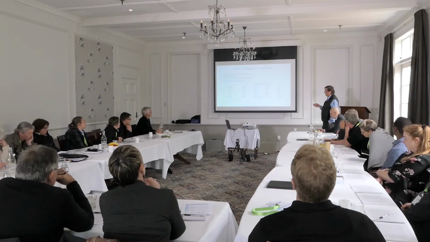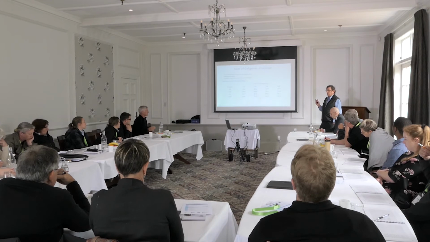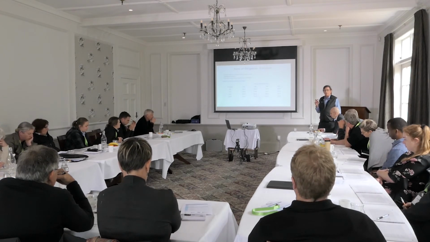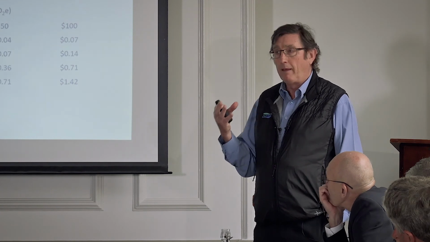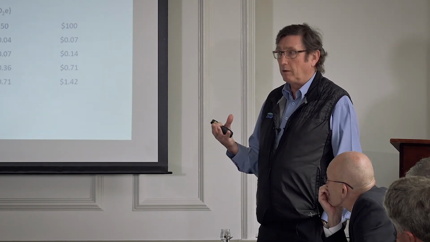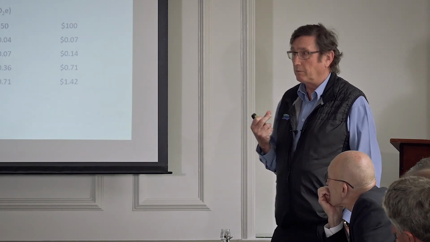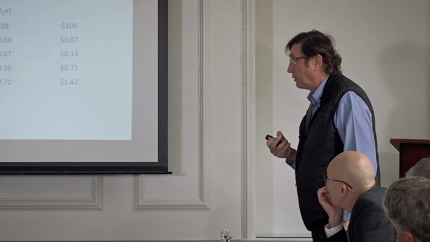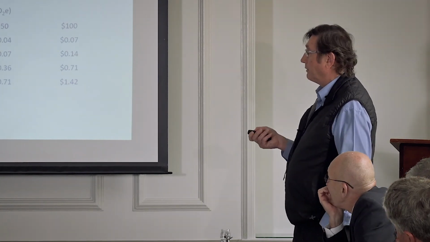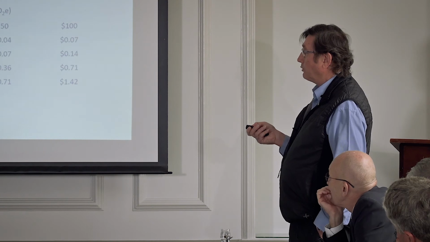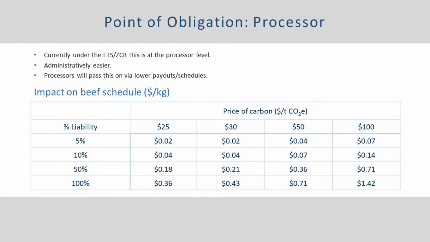The other one, and again, Harry's talked about this, is the percent liability. So what the government said is that when agriculture comes into this system, they will face 5% liability. The other 95% will be sucked up by the good old taxpayer. But anyhow, it's a bit of sensitivity. So if you like, $25 and 5% liability, that would be about 2 cents per kilogram off the schedule.